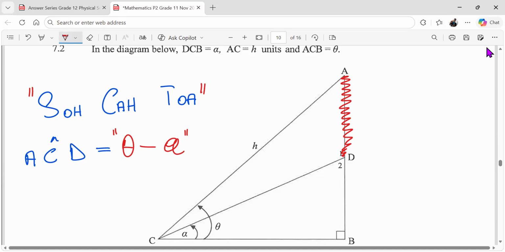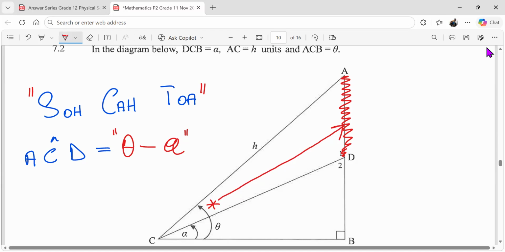Now, the easiest thing to do here is really to use the sine rule. Yeah, it's the best way out. But in order to use the sine rule, we'll have to know what is the size of the angle here. But we now know it. It's theta minus alpha. We need to know this angle so that we can find the side opposite that angle.